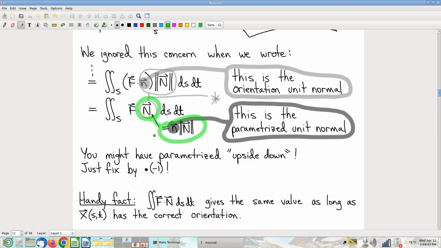The problem is that this one comes from the given orientation for our oriented surface, but this one, the one that is the direction of the parameterized normal, does not. It comes from the arbitrary parameterization that you've chosen. So this was the little math crime I committed. I conflated these two different unit normal vectors. It's an easy mistake to make. Again, I did it on purpose, right?